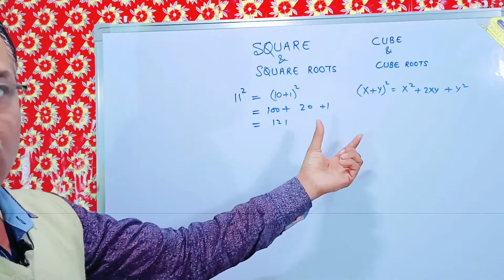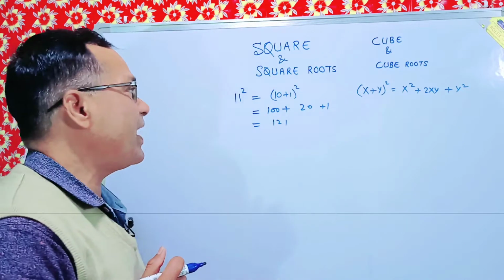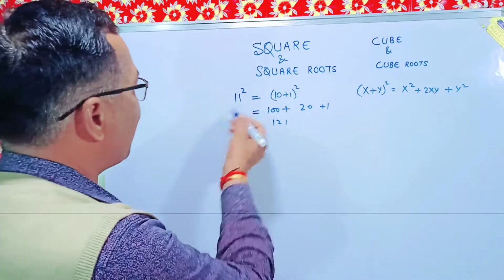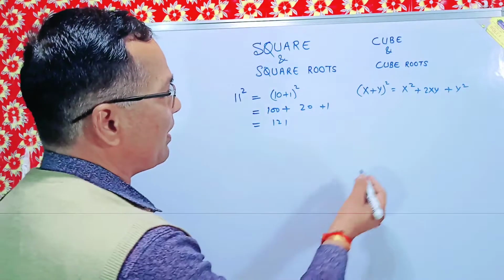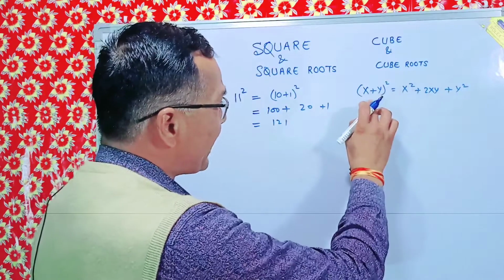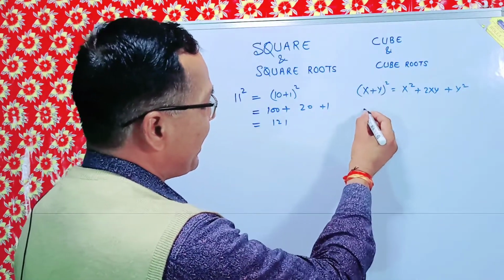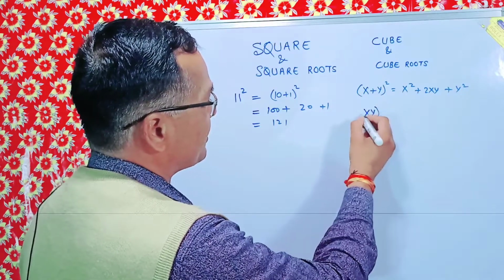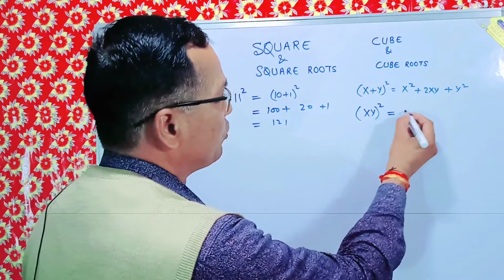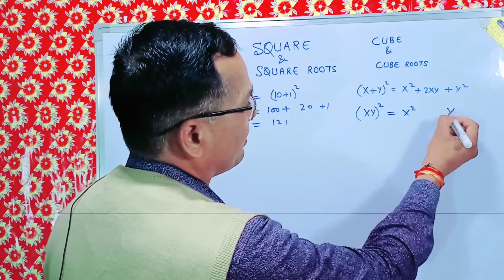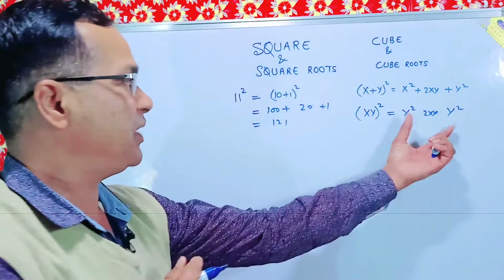We can follow this also, but it is not required. We can take this number directly also. We can omit the sign here. Let us see x and y. These are the two numbers. Let us forget the sign and assume this is x square, y square and 2xy in between.